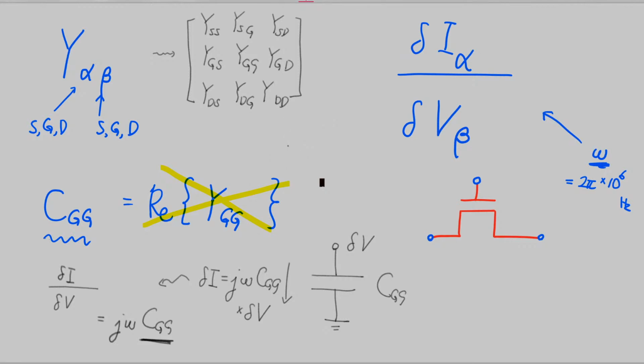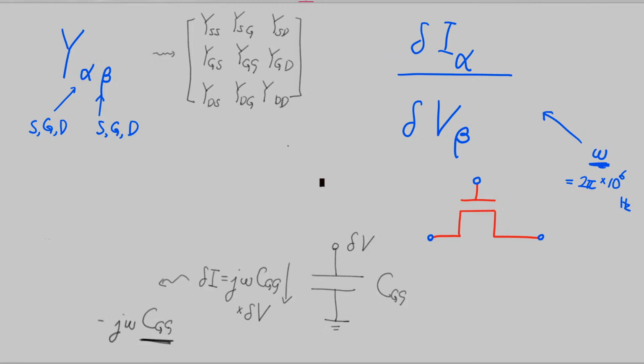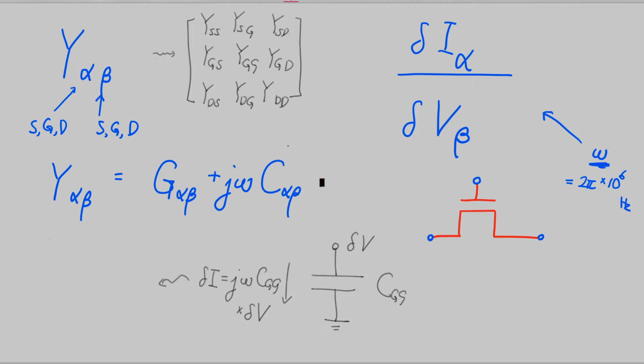Okay, so simply speaking, let me just summarize. People consider it in this way. The Y parameter is given by the conductance parameter, which corresponds to the real part, G sub alpha beta, plus j omega C sub alpha beta.